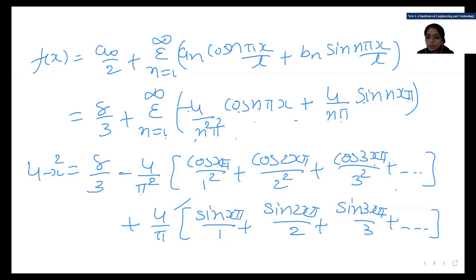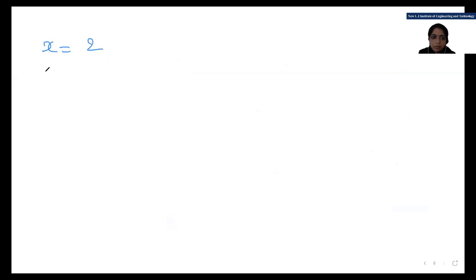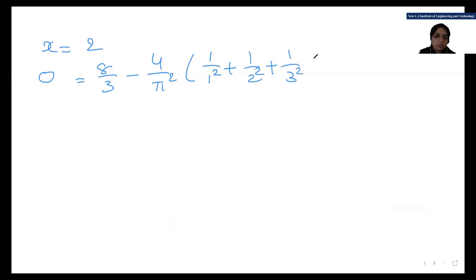So again, after substituting x is equal to 2 on both the sides, my left hand side is 0, my right hand side is 8 by 3 minus 4 upon pi square, and in the bracket 1 upon 1 square plus 1 upon 2 square plus 1 upon 3 square plus up to so on, right?